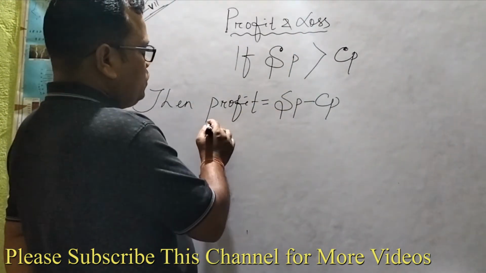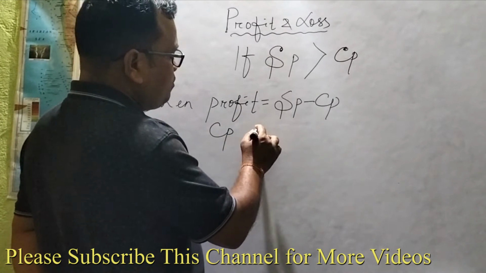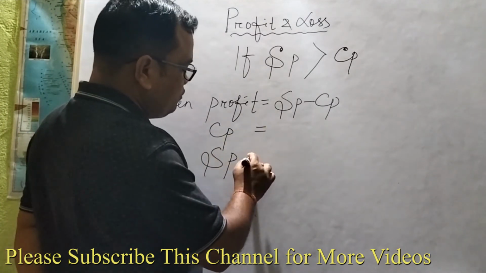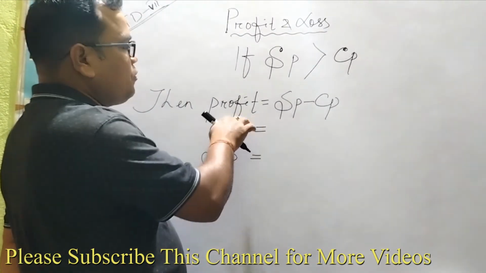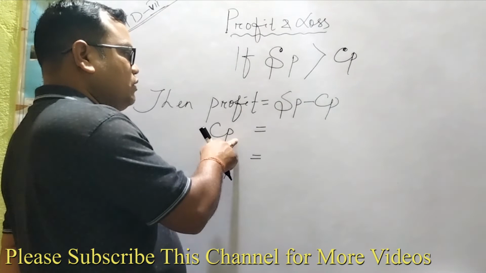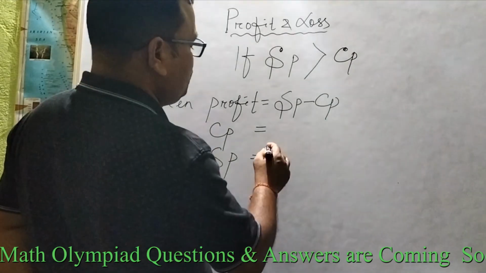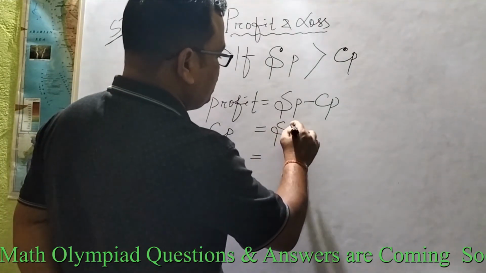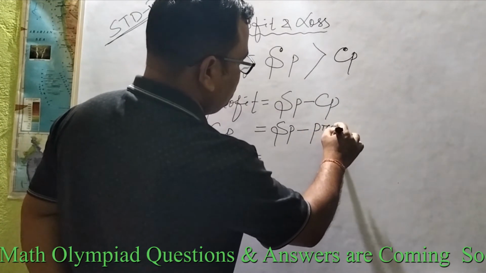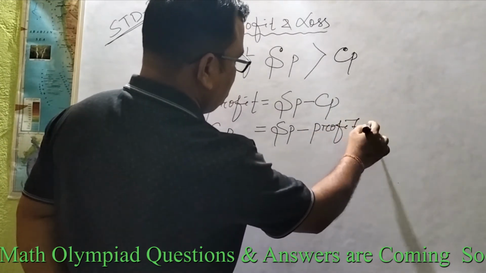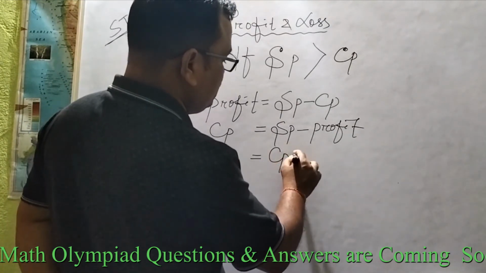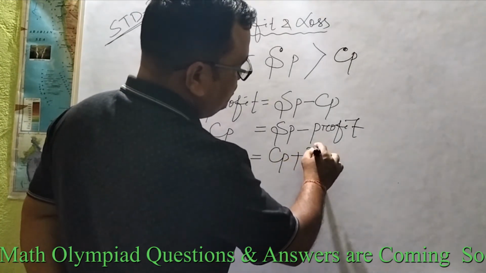If profit and selling price are given, what will be the CP? CP will be selling price minus profit. And selling price should be cost price plus profit.